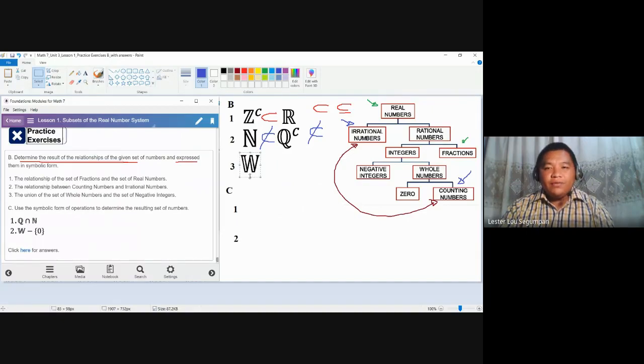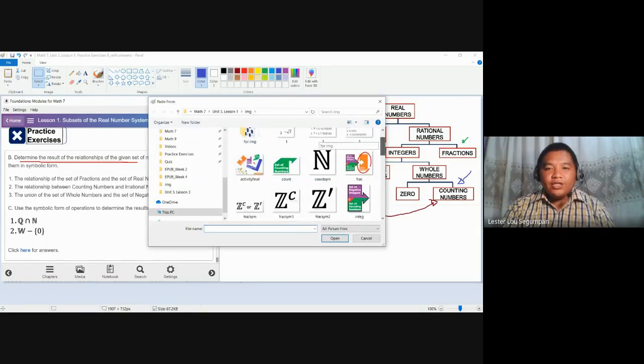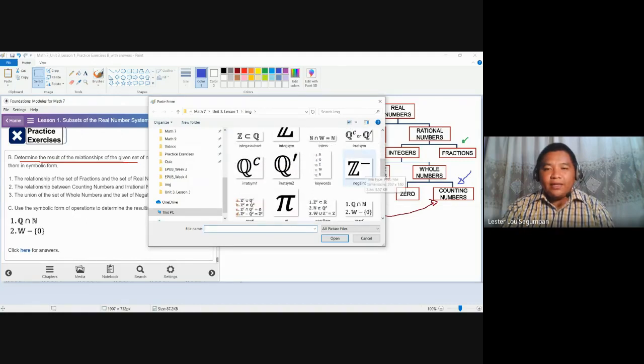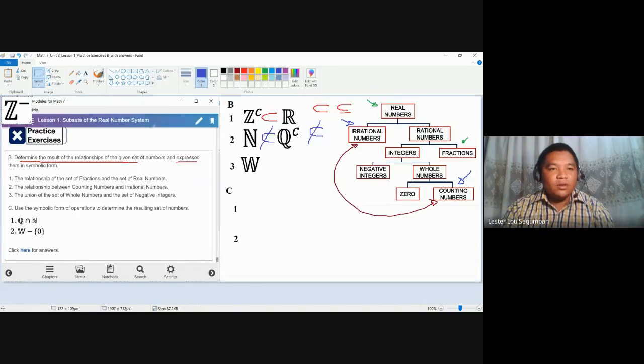Then we have here the set of negative integers. Since we use the symbol Z for integers, we could use Z with the exponent negative for negative integers as used in this module. And then we are asked about the union.